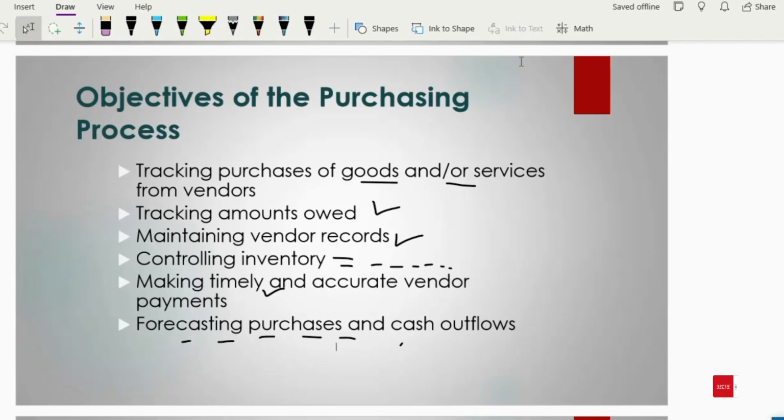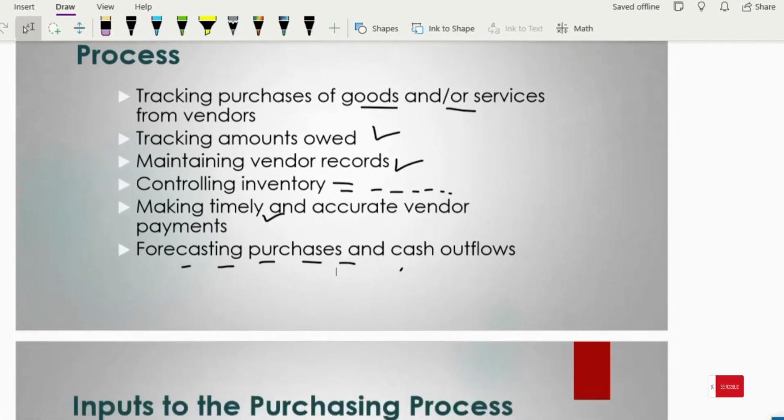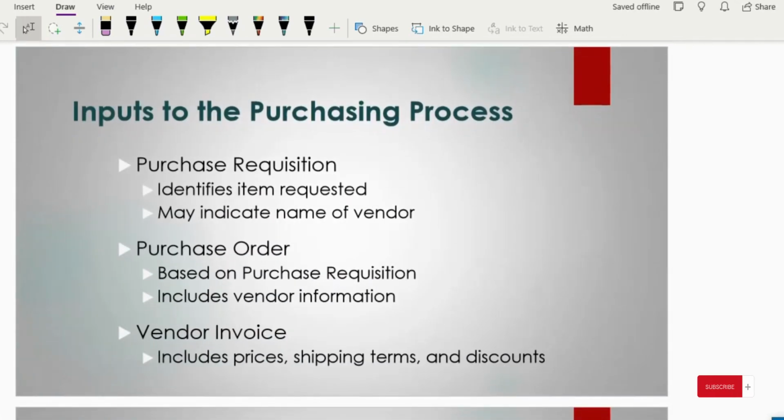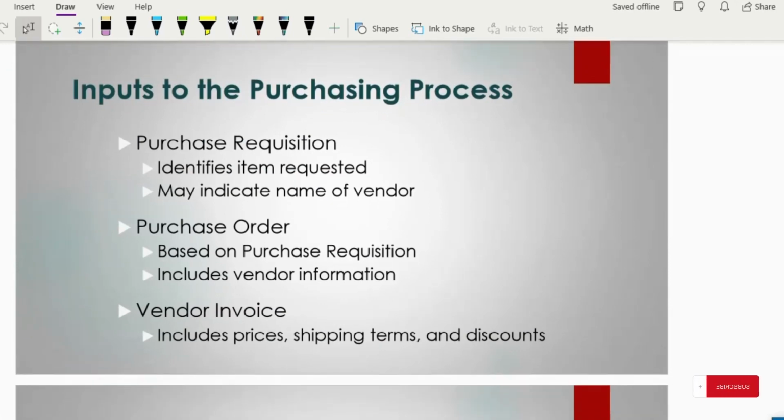Just like the sales process, in order to record the stuff relevant to the purchases in the system, we need source documents, right? So the inputs for the purchase process include the purchase requisition. Purchase requisition is a request generated by the company to get the items from the vendor. It identifies the items which we are requesting and from which vendor we want to purchase.